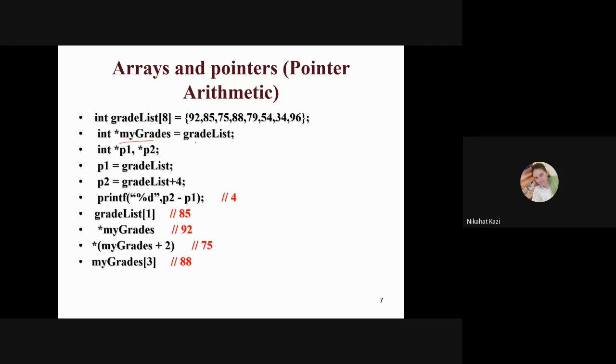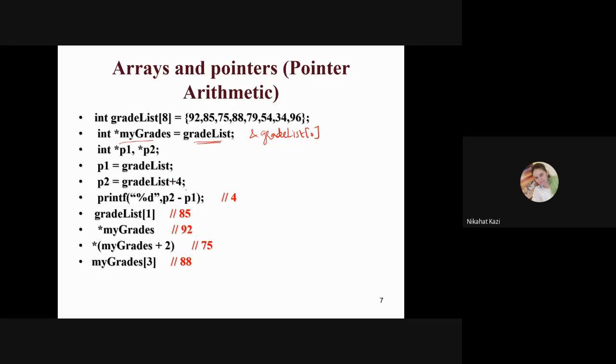What is the expression on the right hand side? It is the same as address of grade list of 0. So by this assignment, you're making my grades point to the first location of the array grade list. Then you have two more pointers, P1 and P2. P1 is pointing to grade list. P2 is pointing to grade list plus 4.